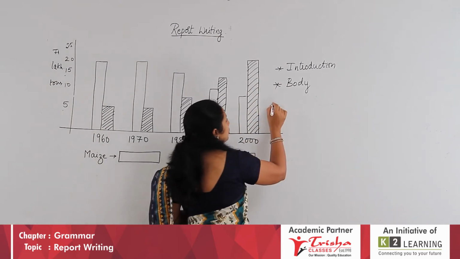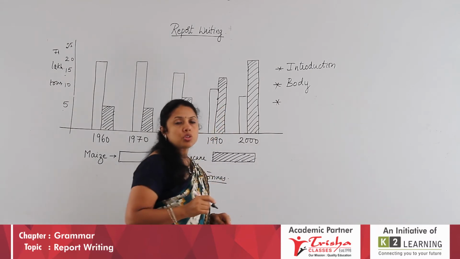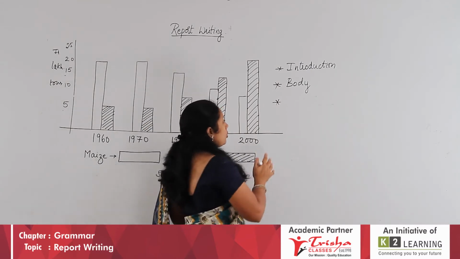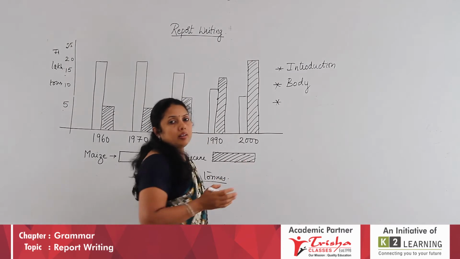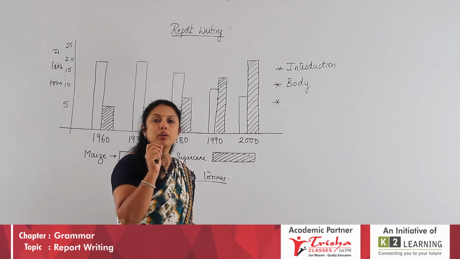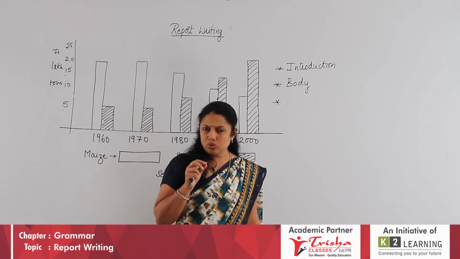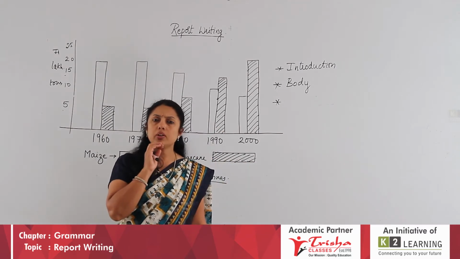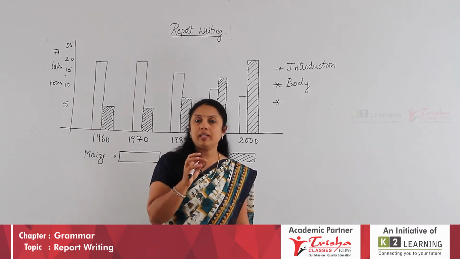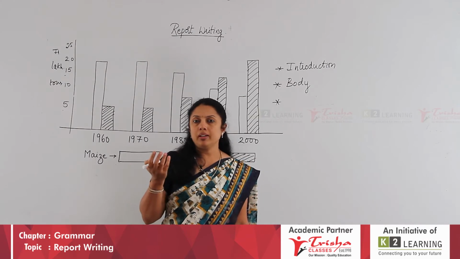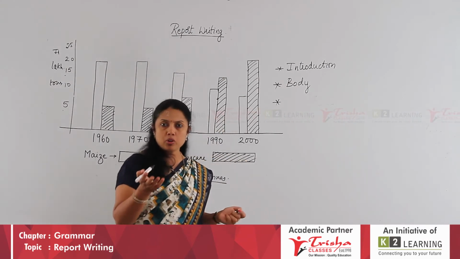Then finally, when you talk about the conclusion of it, you just say overall, if possible, you can give a small reason on that too. Whichever you feel is more convenient and suitable, you give.